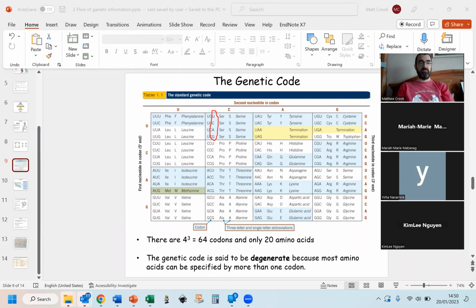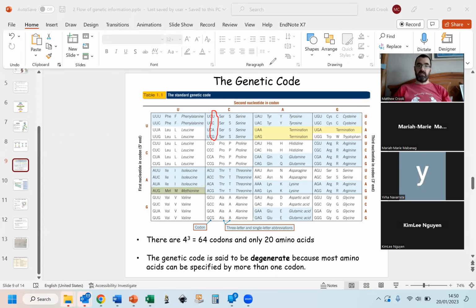The third one doesn't count. And that's called wobble. Basically, the tRNA doesn't care about the last one so much. So if you have one of these bases changed, it's a mutation, but it doesn't change the amino acid.